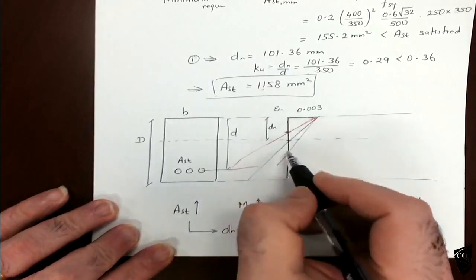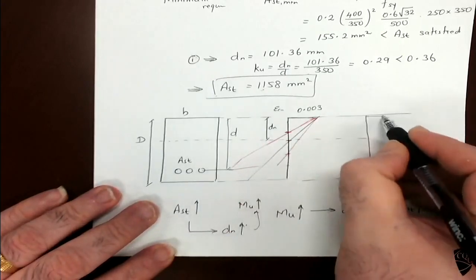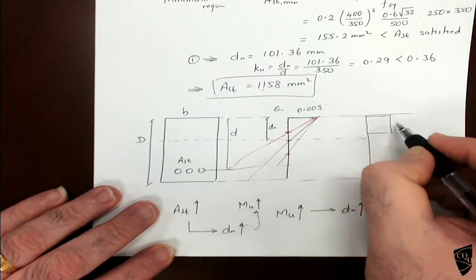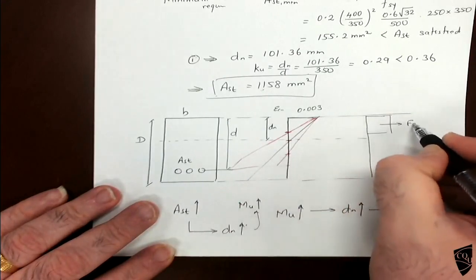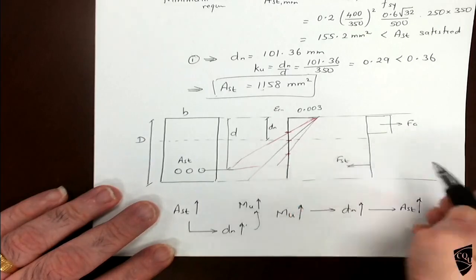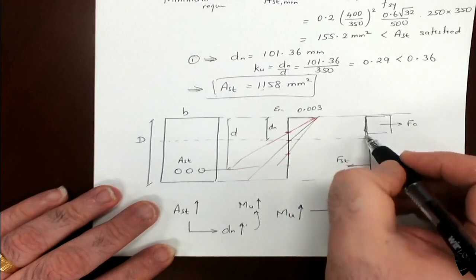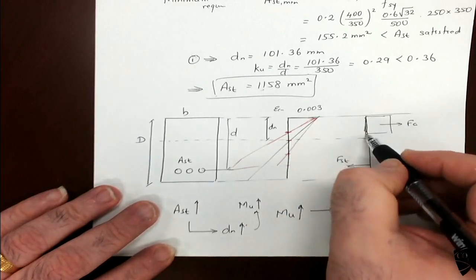When you increase the dn, what will happen? So here the Fc value, this is Fst. So when you increase the dn, gamma dn will also increase.